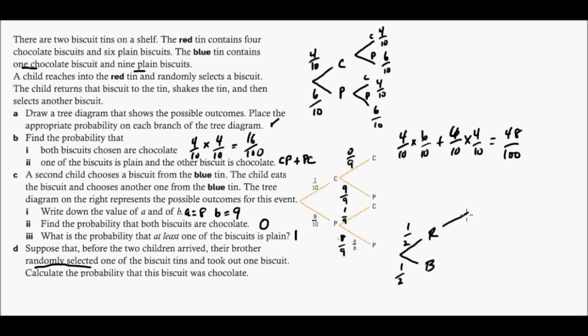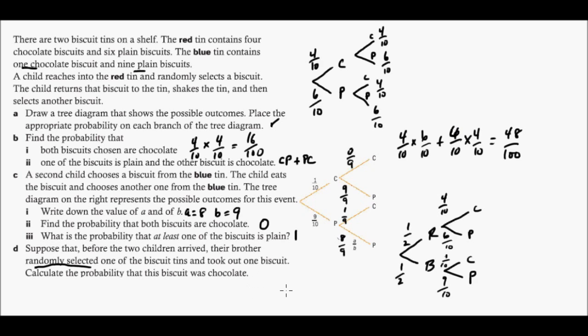Now, for the red, we have to do what's chocolate and plain, and chocolate and plain. So for the red one, it was 4 out of 10 and 6 out of 10, and for the blue, 1 out of 10 and 9 out of 10. Calculate that the biscuit is chocolate.